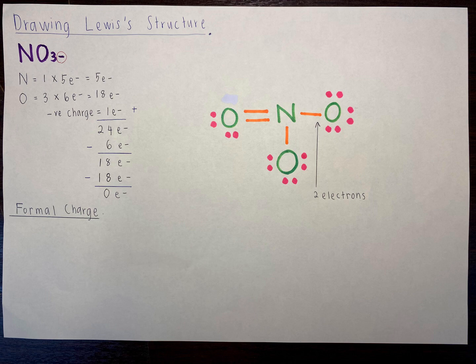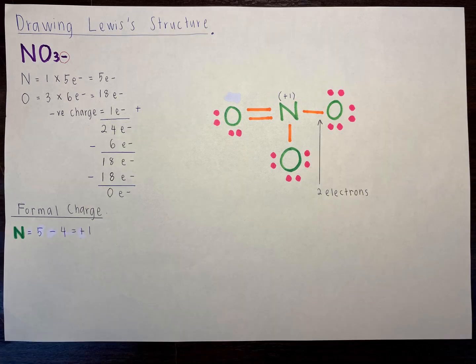Now I will show how to use formal charge. First, we count the nitrogen charge. Number of valence electrons is 5. Subtract the number of electrons the atom owns, which is 4, where we assume to take 1/2 electron from each bond, and we get 1.